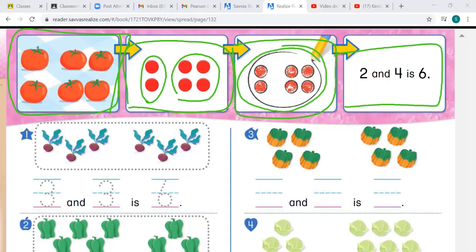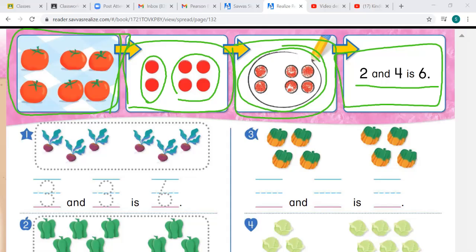All right, let's look over here. Last box. What does the sentence tell us? It tells us how many there are in all when you join the groups. So how many are there in all when you join 2 and 4? 6. 2 and 4 is 6.